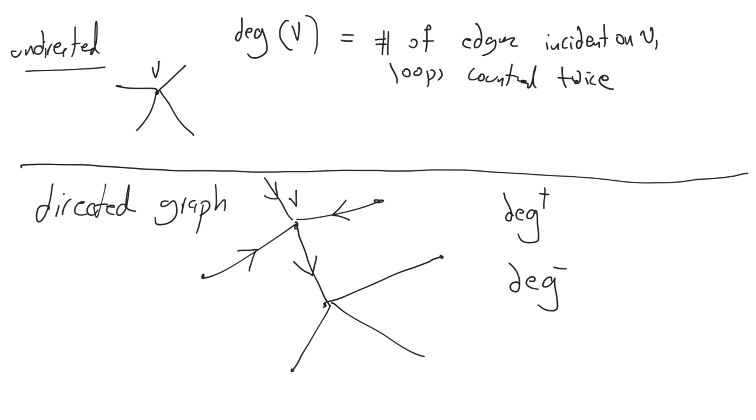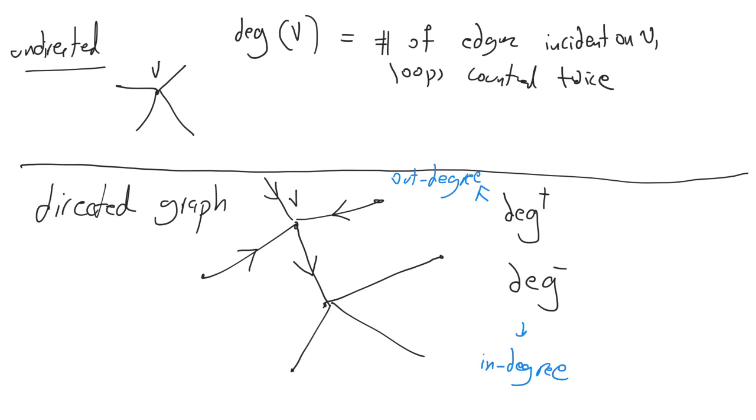Degree minus is called the in degree and is the number of edges that go into v. And degree plus is called the out degree, and is the number of edges that go out of v.